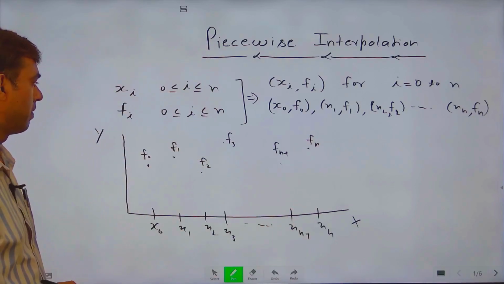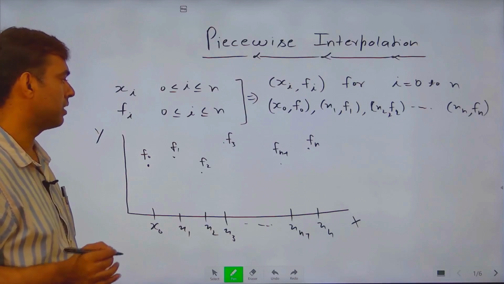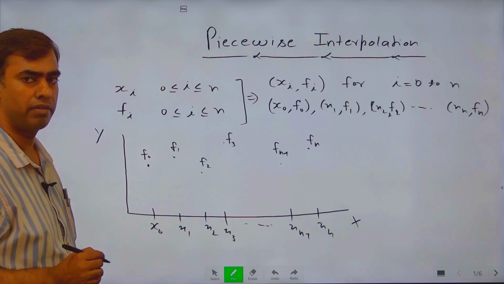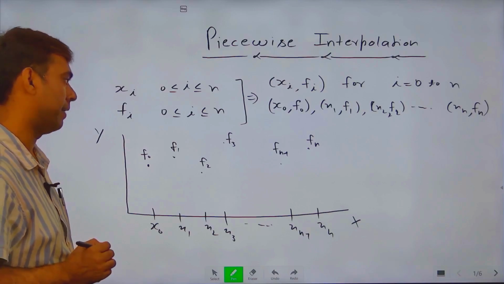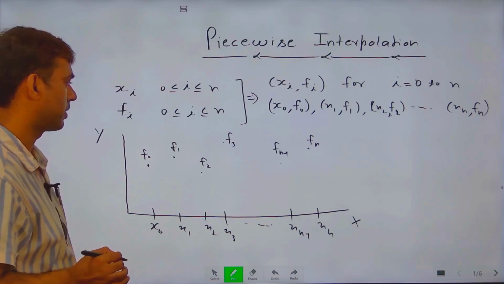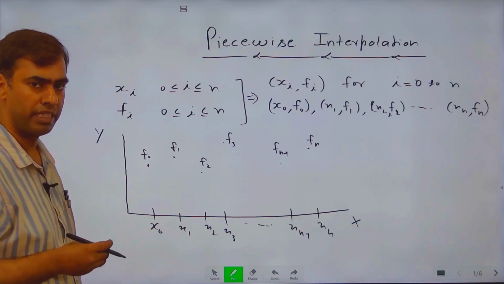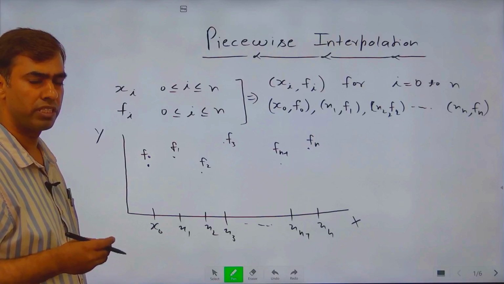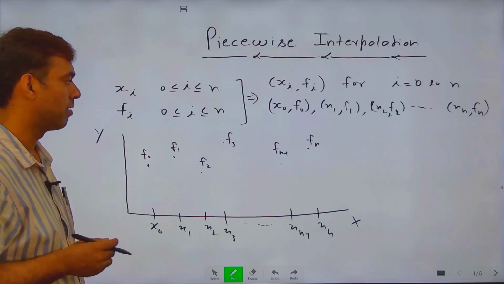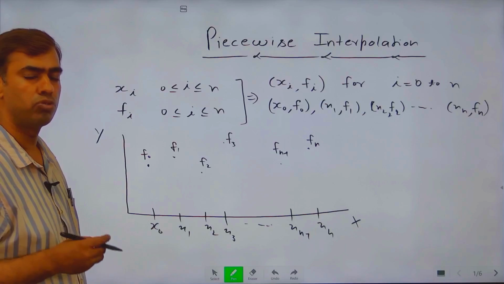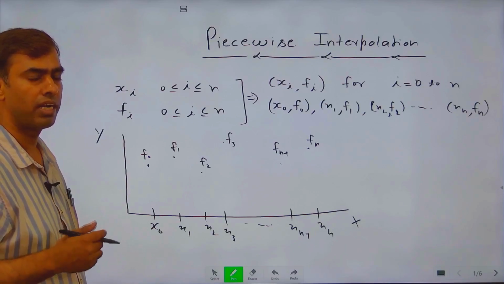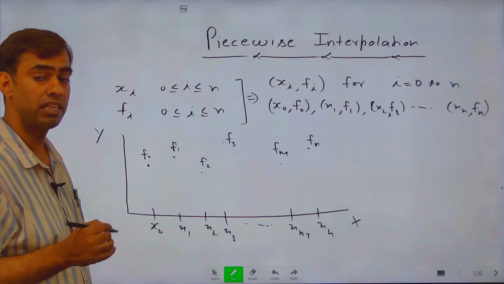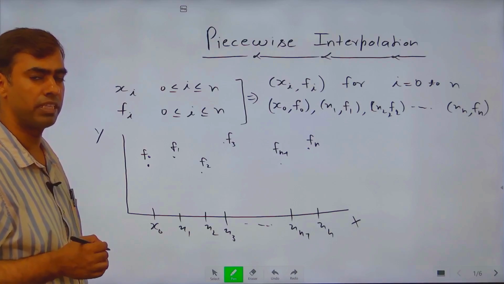Normally in general interpolation, if we have n plus 1 data, we are able to fit a polynomial of degree n. If the number of data is not too large, general interpolation gives an accurate result. But if the data is very large, suppose there are 100 data, then we fit a polynomial of degree 99.